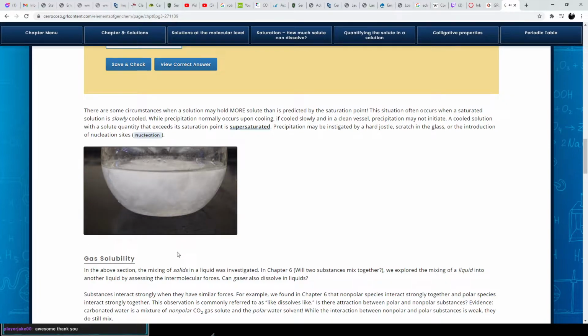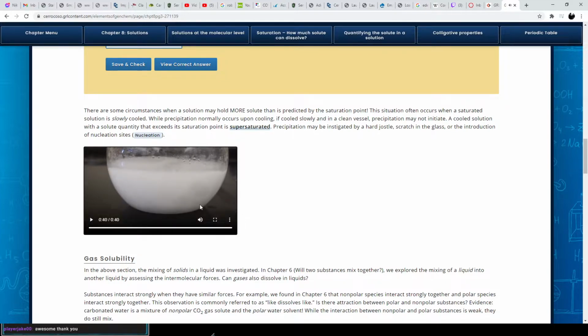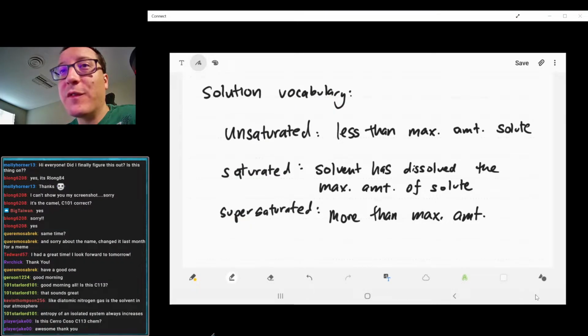So you can see this has completely solidified, in fact, and you can see crystals even growing up the walls of the container. Where it was a solution before, it's now solid. It's so unstable that I introduced one little bit to it, and it just says, you know what, forget it, I've had enough, I'm done being a solution, I'm going to crystallize.